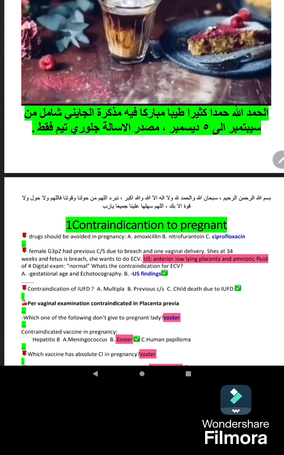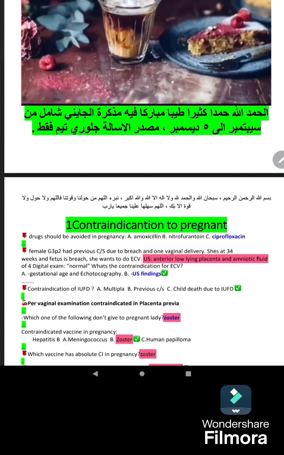So the first question here is on contraindication in pregnancy. As you can see, the drug should be avoided in pregnancy. So here they are asking what drug should be avoided in case of pregnancy.